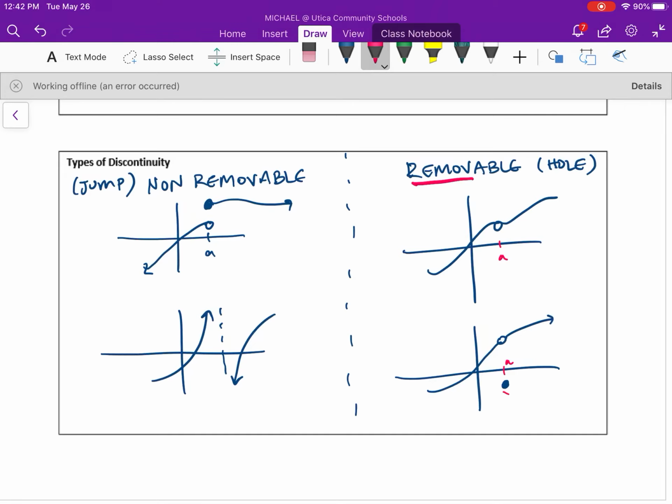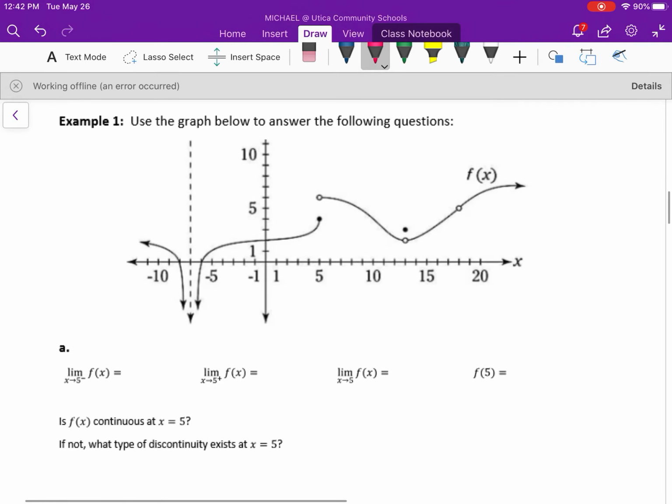Okay, let's take a look at an example now. In example 1, we're given a graph, and basically we're going to be looking at the discontinuities at different values of x. So let's start by, in part A, looking at 5 from the negative, 5 from the positive. That would be here.